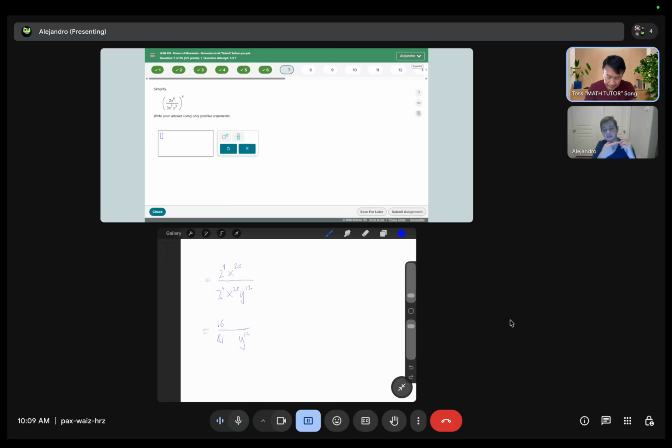How would I do it? Would you subtract them? Yes, sure. Okay, what will it turn into? X to what power? It would be like the eighth power or the negative eighth power.